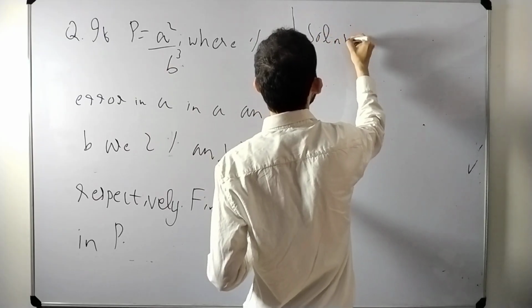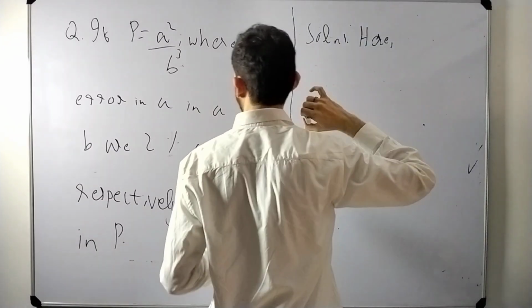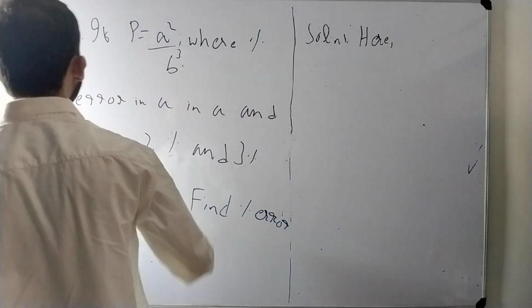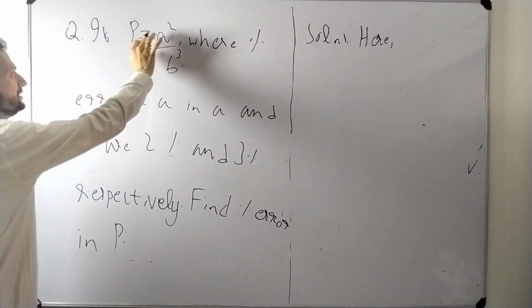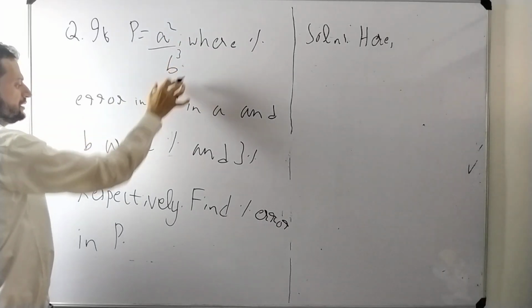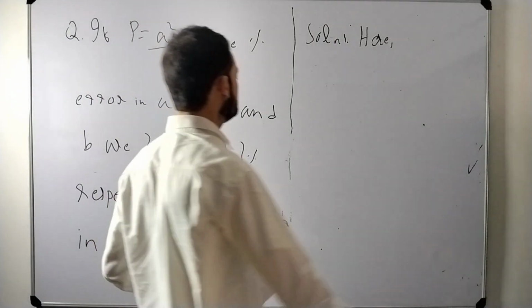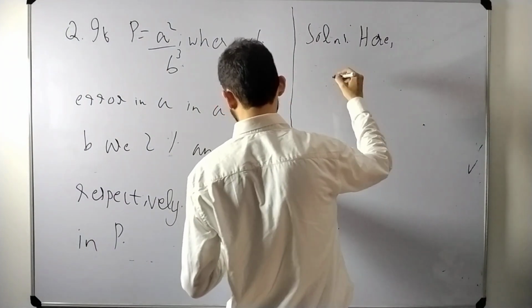Solution. Here, you think of yourself now. If P is a quantity here, A square is again a quantity, and B cube is a quantity, and these are the percentage errors. So you apply the formula basically.